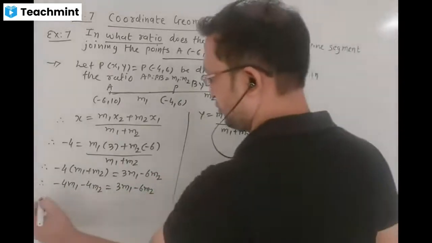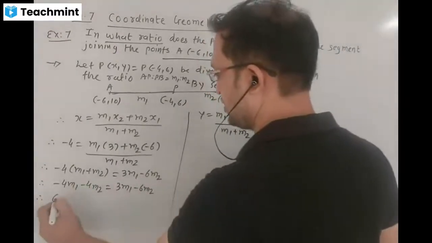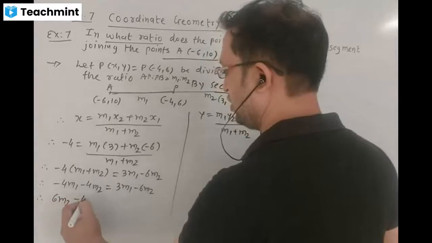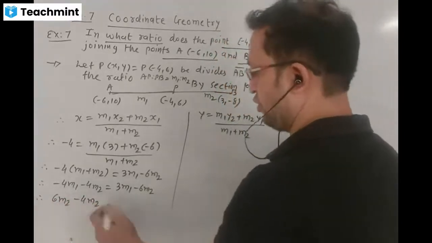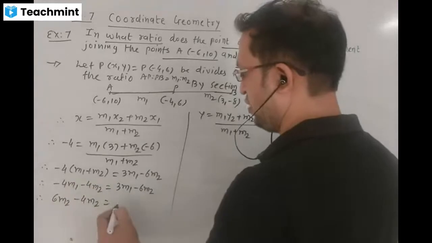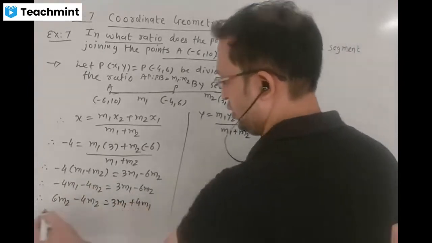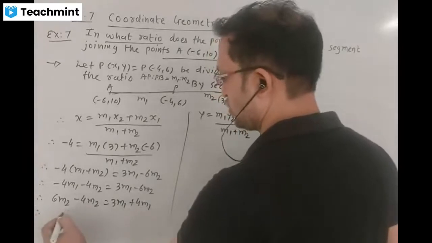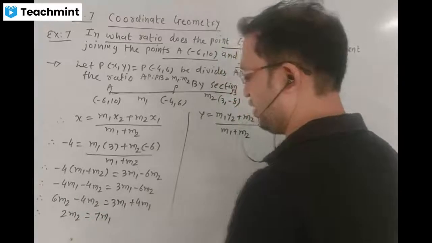Therefore, transposing 6 m2 from the right side to the left side, 6 m2 becomes positive, 6 m2 minus 4 m2, and 3 m1 plus 4 m1. Therefore 6 minus 4, that is 2 m2, is equal to 7 m1.